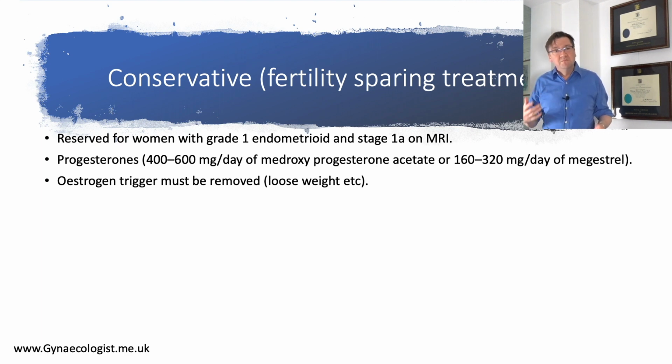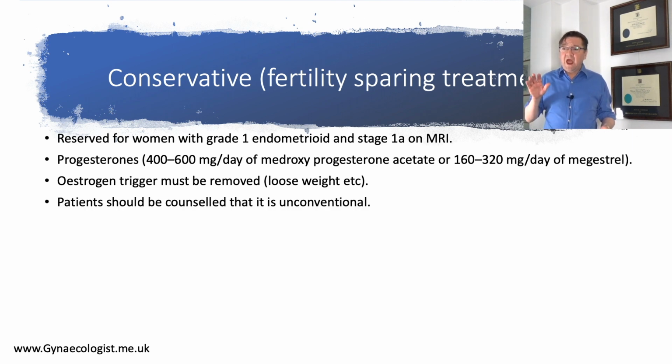Obviously, you need to remove the estrogen trigger. So if you remember back to the previous lecture, you must tell these women to lose weight, and really all weight loss options need to be explored, including bariatric surgery.